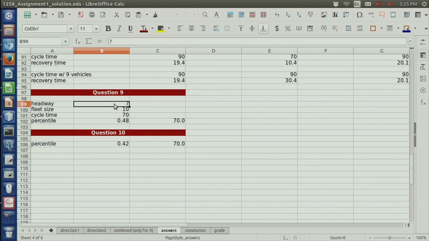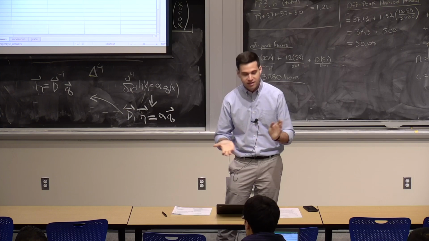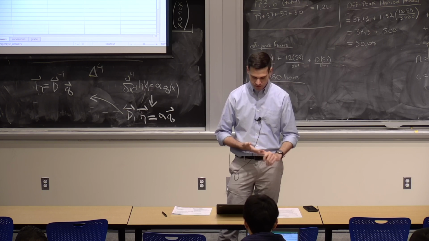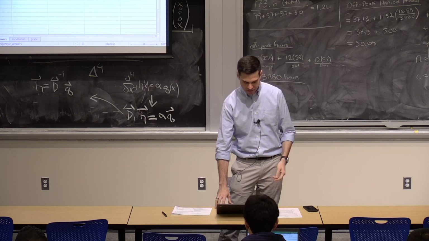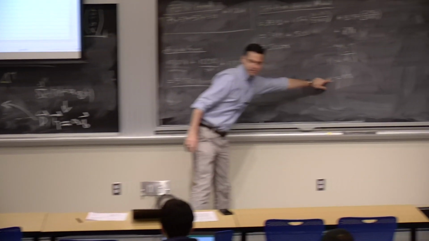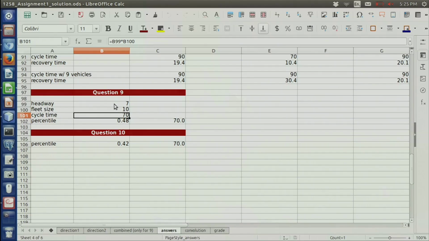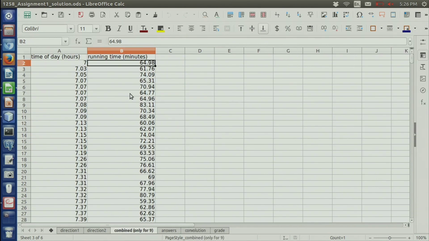We said we have a headway of 7 minutes and we are running with a fleet size of 10 vehicles. How reliable is this service? We can compute the cycle time from the headway and the fleet size using this equation right here, and we have 70 minutes.